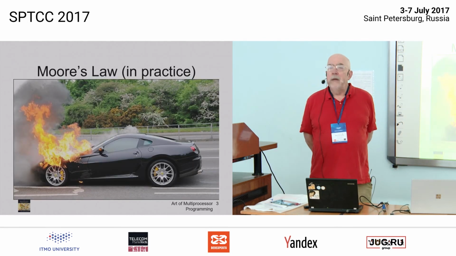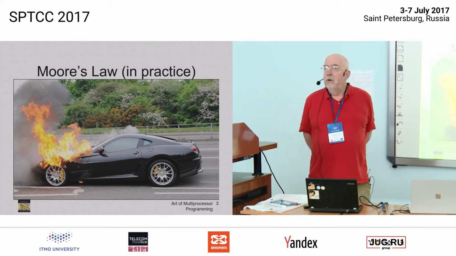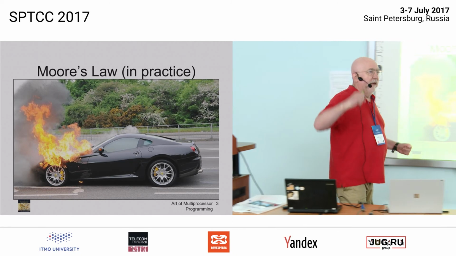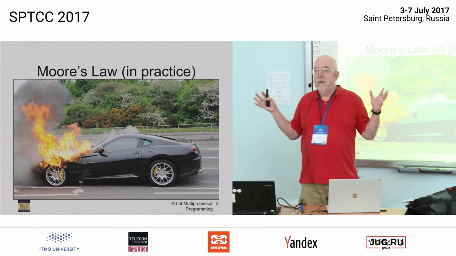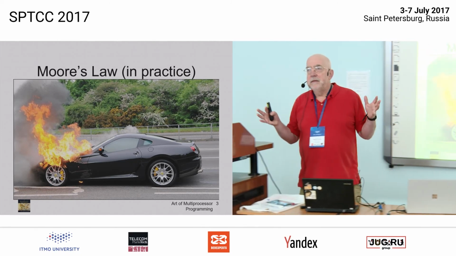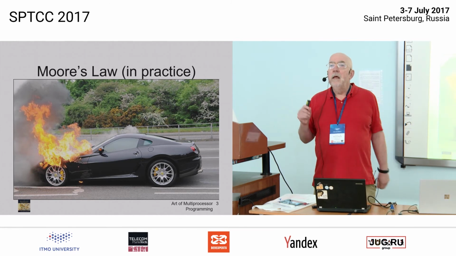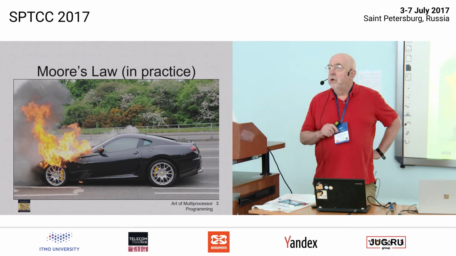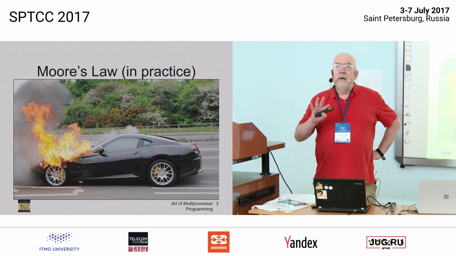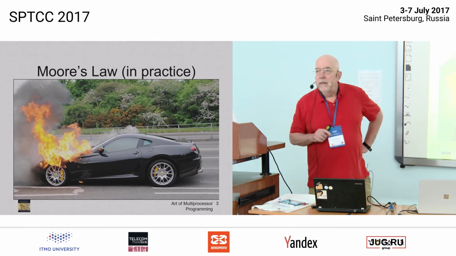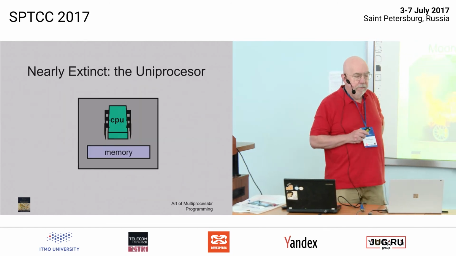That is, beyond a certain point, the chips just get too hot. So if you make your transistors smaller and you run them faster, then they catch on fire. And so you have to stop increasing the clock. But what you can do is provide more cores. So every year we have more cores, but they don't run any faster than they did before.